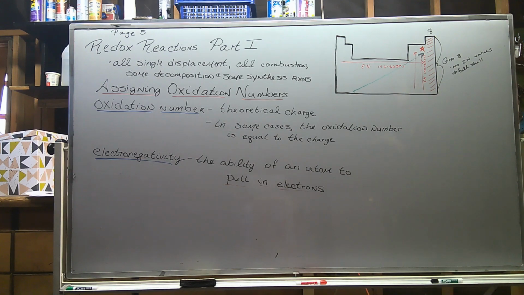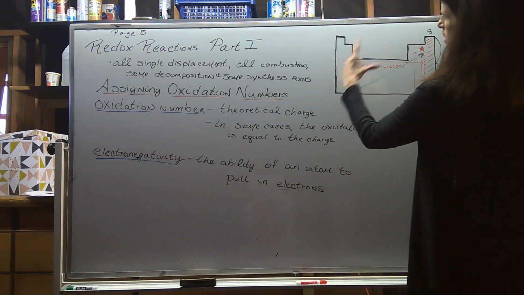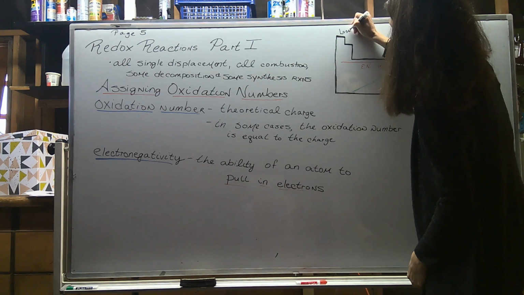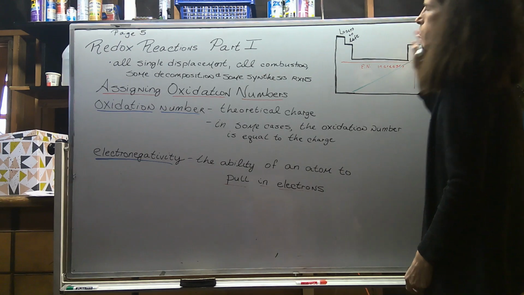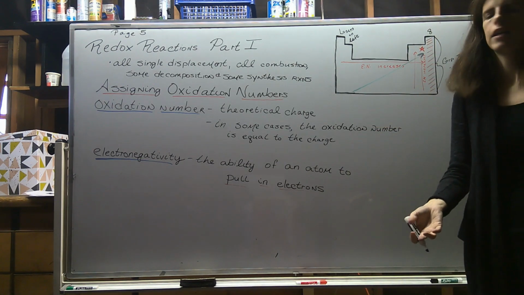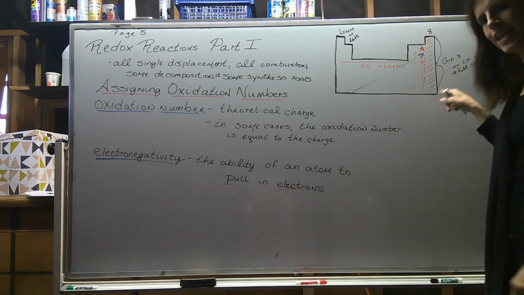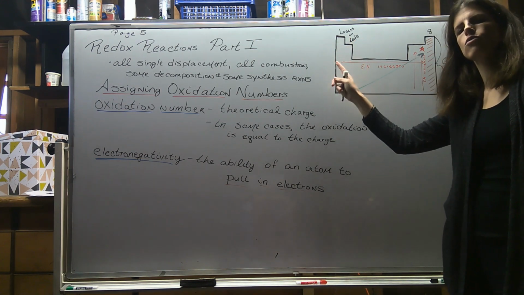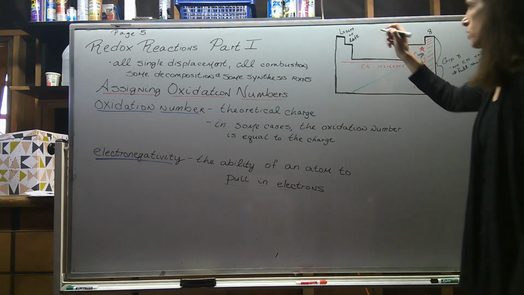Another thing that you may have heard me say in lecture is that we've got our losers on the left. You've seen that as you have been working on some of the problems. All of our metals always lose electrons to form positive cations. They're losers, they lose the electrons. It goes hand in hand with electronegativity values, though. These will be our least electronegative atoms because they have the lowest electronegativity values.